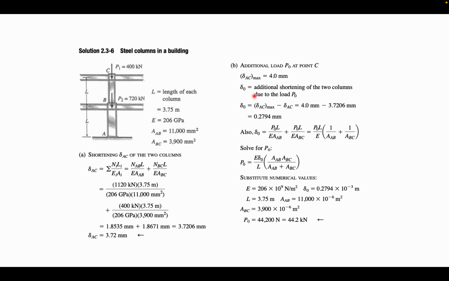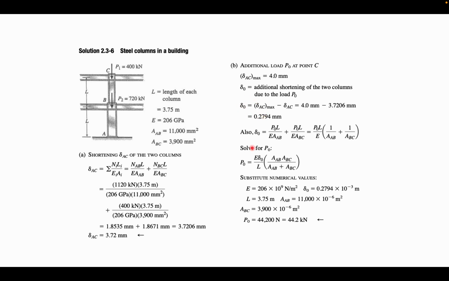Delta naught will be the additional shortening of the two columns due to the load P naught. To find delta naught, we subtract delta AC, which is 3.7206 mm, from delta AC max, which is 4 mm.